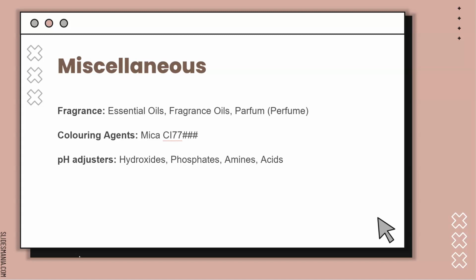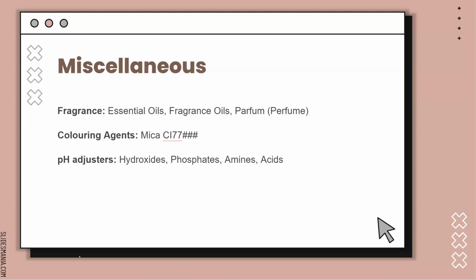Now, next are coloring agents, and examples of these are mica. Mica are nature's glitter. They're ground up minerals. They're just a group of silicates that are ground up to yield a certain color or a certain shimmer.